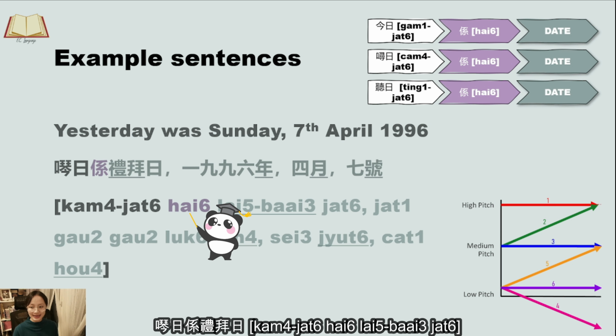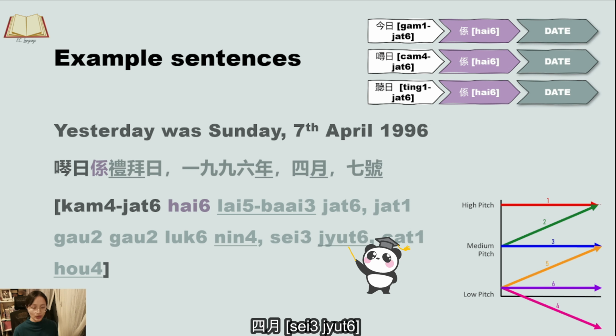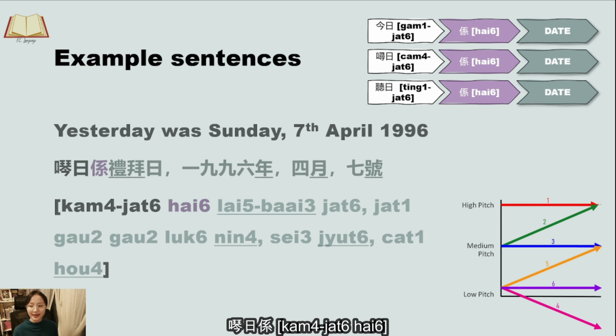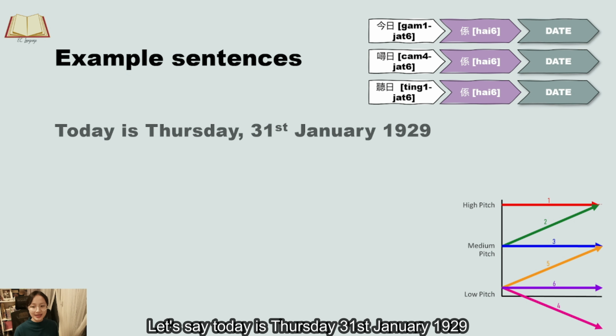琴日係禮拜日1996年4月7號. Let's say today is Thursday, 31st of January 1929.